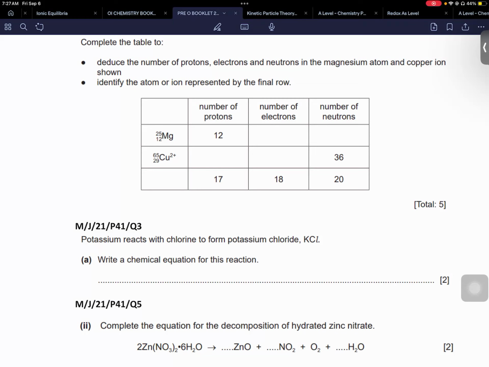The number of neutrons is equal to mass number minus proton number, which is 13.